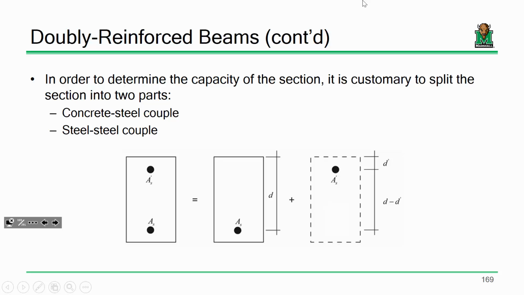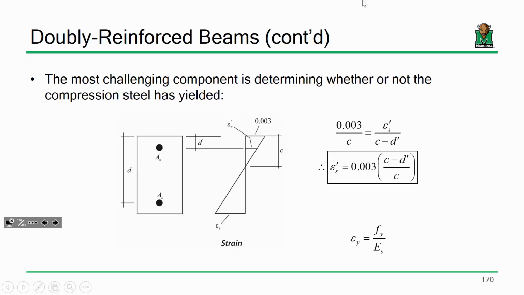Then we also have the force couple between the steel on the bottom and the steel up top, so we call that the steel-steel couple. If you can get the moment capacity for each one, and again, it's just force times moment arm, that's basically it. In all honesty, that's actually the easy part about doubly reinforced beams.